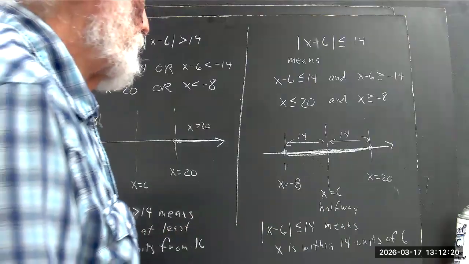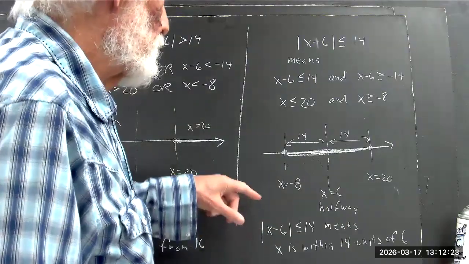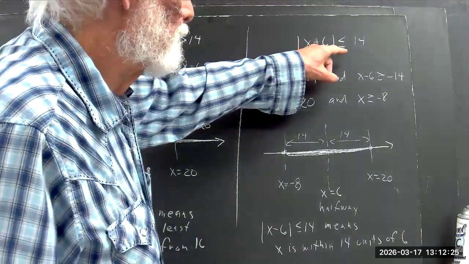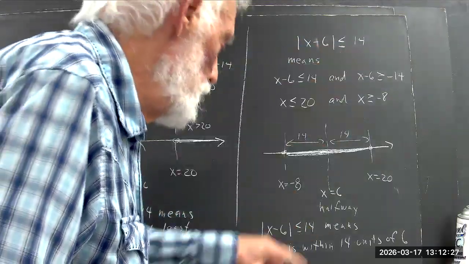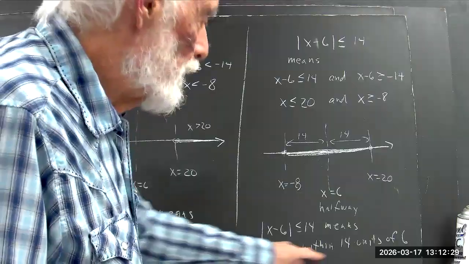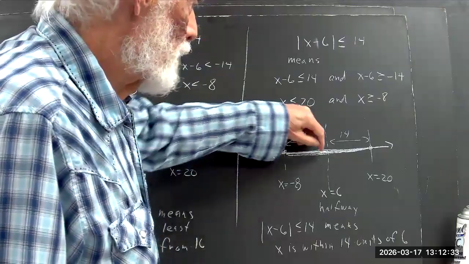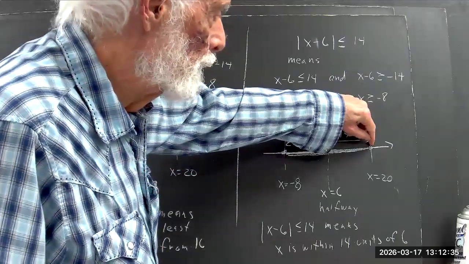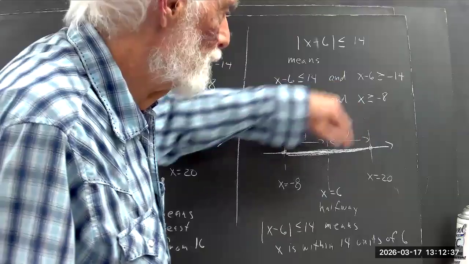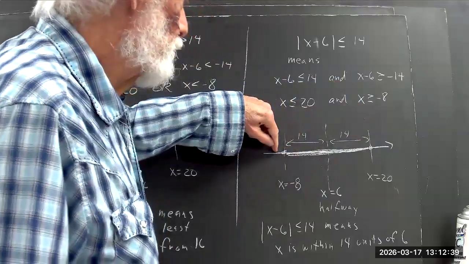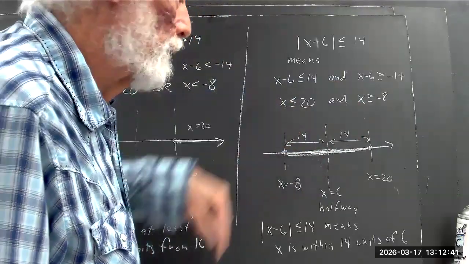The distance is 14 units. Okay? So we can say that absolute value of x minus 6 is less than or equal to 14 means that x is within 14 units of 6. The furthest you can go out here to be within 14 units of 6 is 20. The furthest you can go here to be within 14 units of 6 is -8.